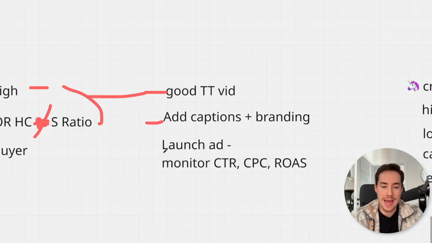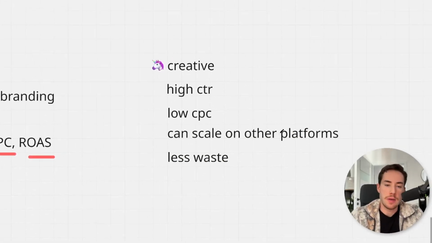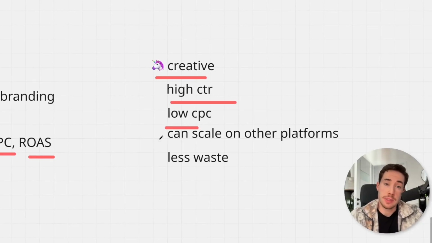Then launch the ad, monitor, of course, your CTR, your CPC, ROAS, how's it doing, right? And then eventually when you have a unicorn creative, you'll have high CTR, low CPC, and you can potentially scale this ad on other platforms as well. Maybe not just Facebook, maybe YouTube, Google, right?